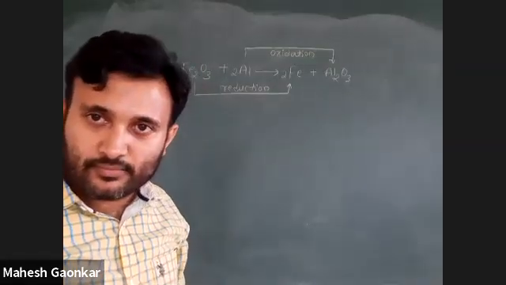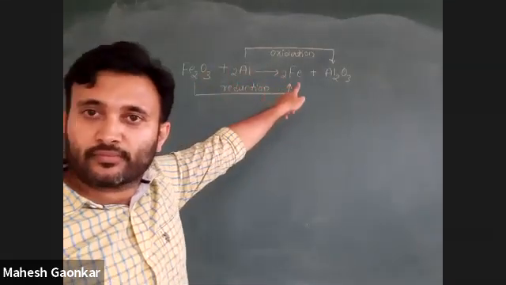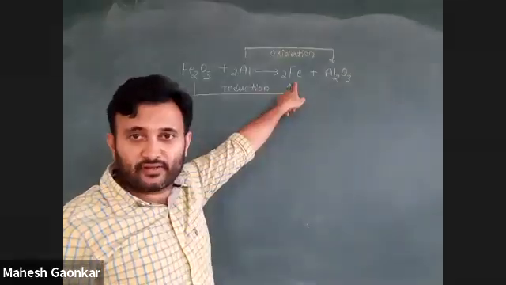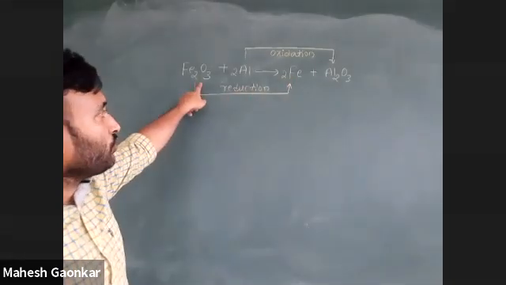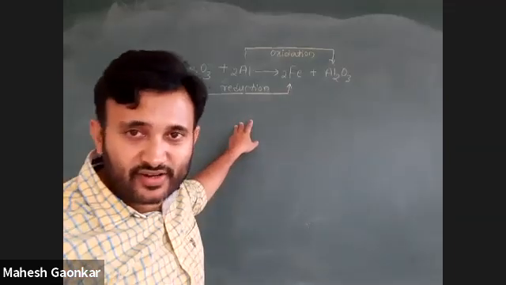So between these 2 reactants, which one will lose oxygen? Fe2O3. If it loses oxygen, it forms Fe. So Fe2O3 is converted to Fe, and that is reduction, because loss of oxygen is reduction.